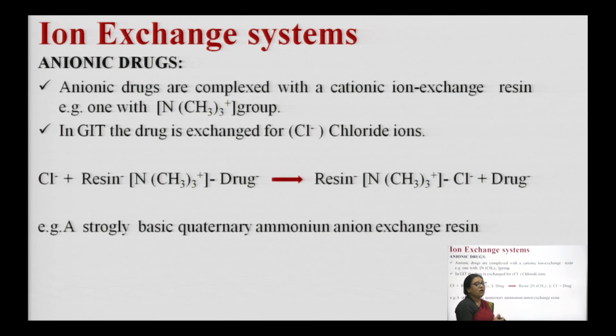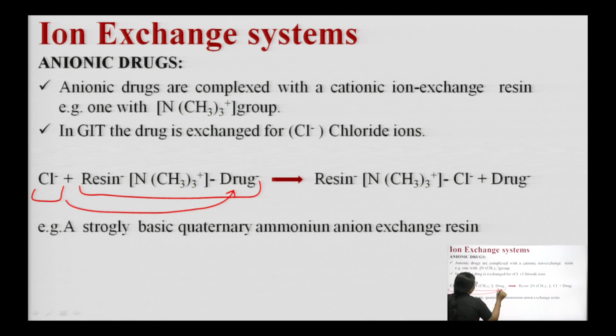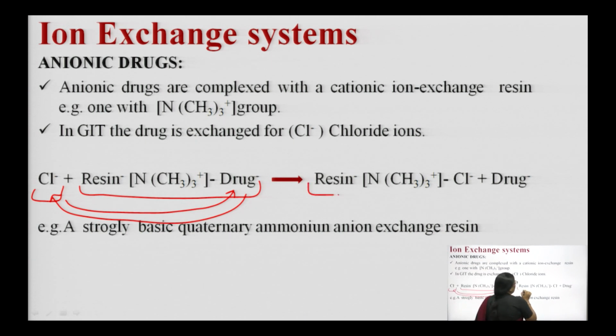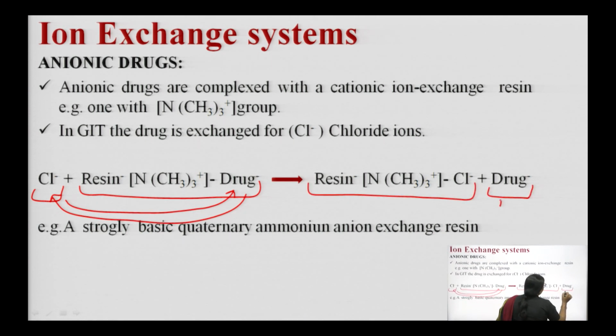Similarly, in case of an anionic drug, we can make use of a strongly basic quaternary ammonium anion exchange resin, right. So, it has been shown here, and then the anionic drug would be exchanged with the chloride ions of the GIT here, so that the chloride will form a complex with the resin and free drug will be released from the resin surface.